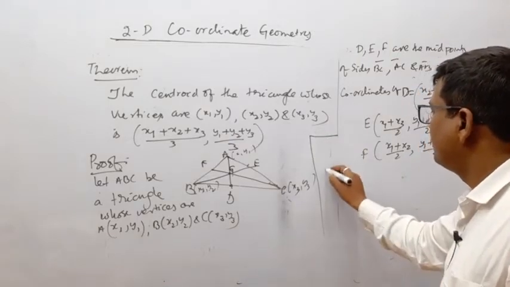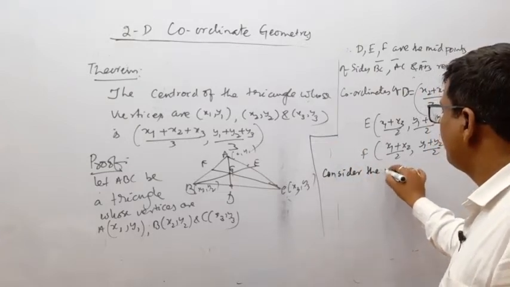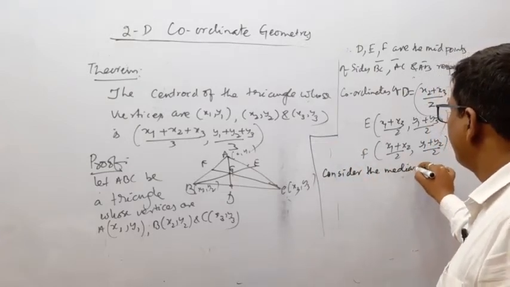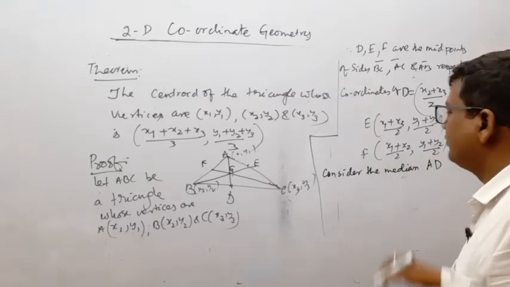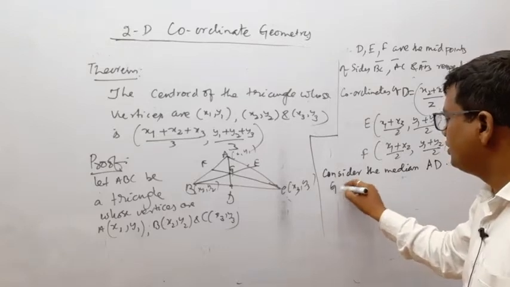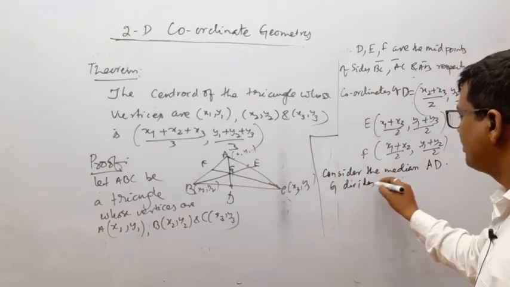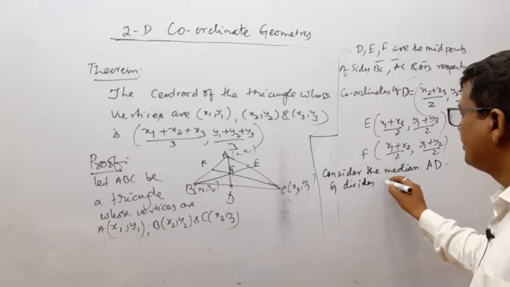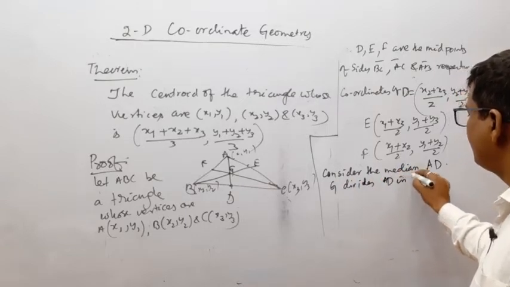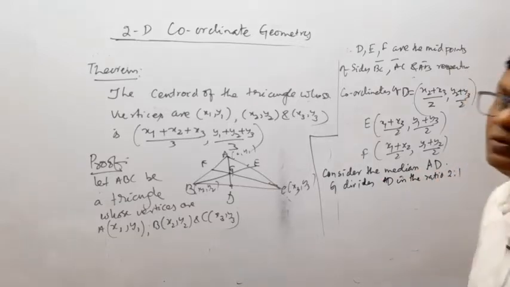Consider the median AD. G, that is the centroid, divides AD in the ratio 2:1.